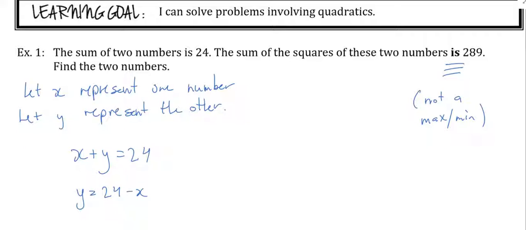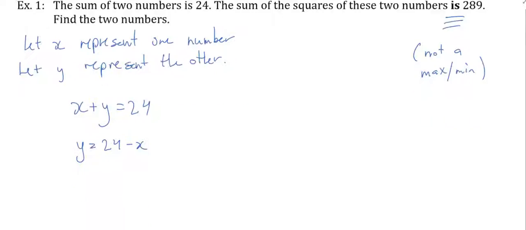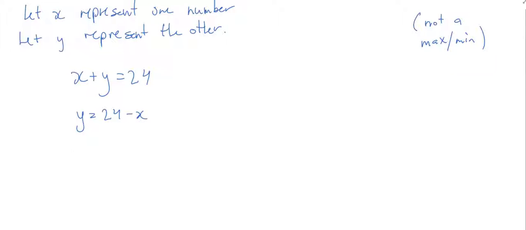Then it says the sum of the squares of these two numbers is 289. And I'm going to do it like this. I'm going to start with my two original numbers. What does it mean, sum of the squares? What's the square of a number? If my number's x, what's the square of that? No, that's a square root. We want the square, so you're close, but we want to go the other direction.